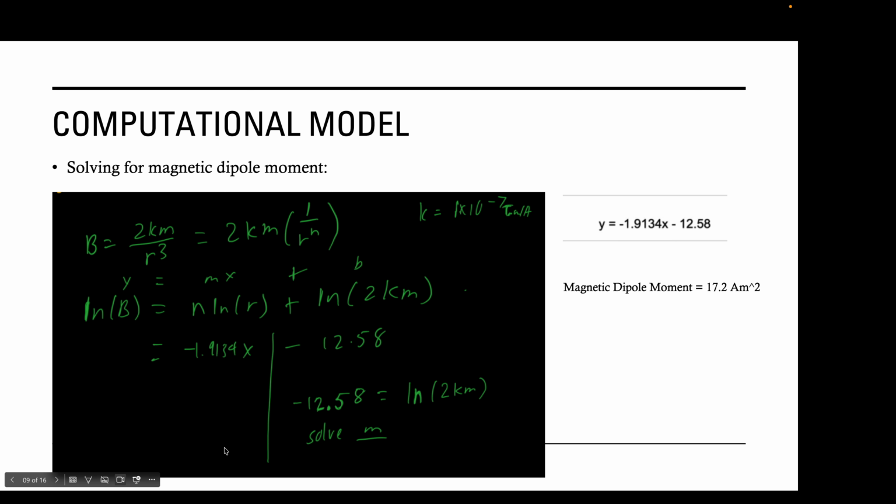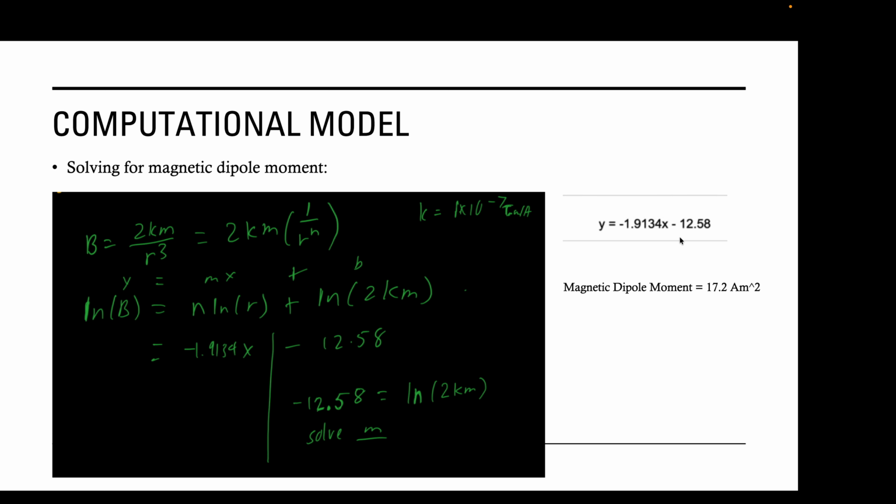For calculating the magnetic dipole moment, we are using the trend line from ln of B and ln of r, and we are using the equation B is equal to 2km over r cubed, setting it to 2km times 1 over r to the n. Taking the natural log, this is equal to n ln r plus ln 2km, which is equal to ln of B. Here, the intercept C is 12.58.